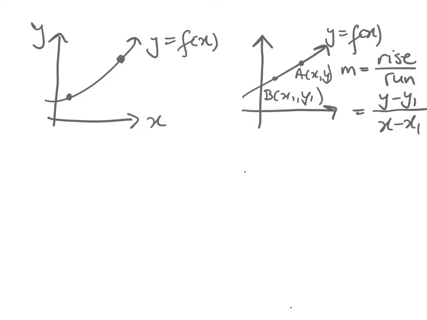To find the slope of this curve, we're going to connect those 2 points, and I'm going to use a different color, and create a line. This line is called a chord. So point A and point B.